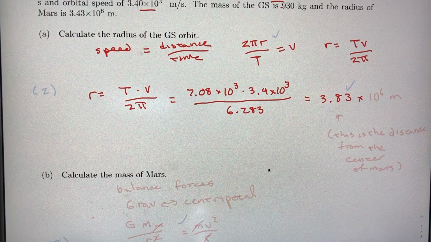Either put 2 pi in parentheses or put 6.283 instead. That's close enough for physics. Don't forget the units, since this is actually numbers.